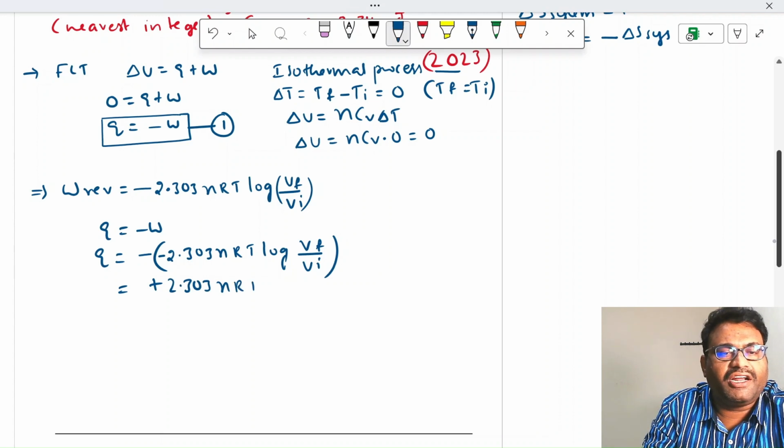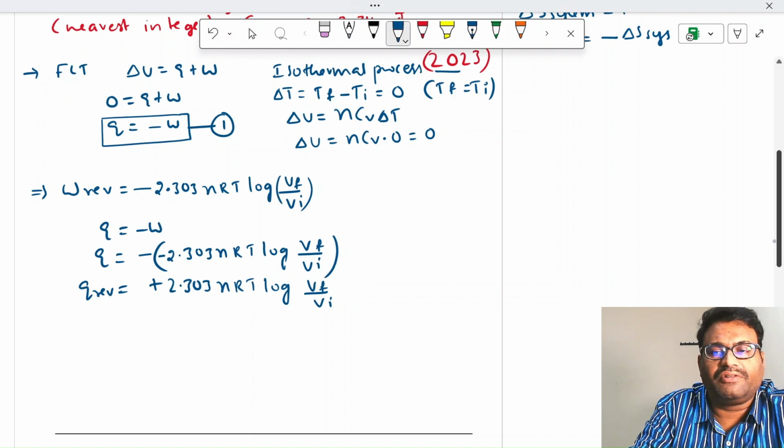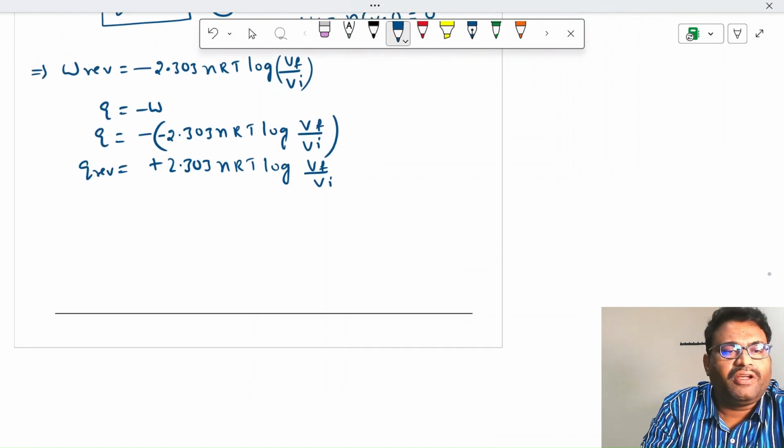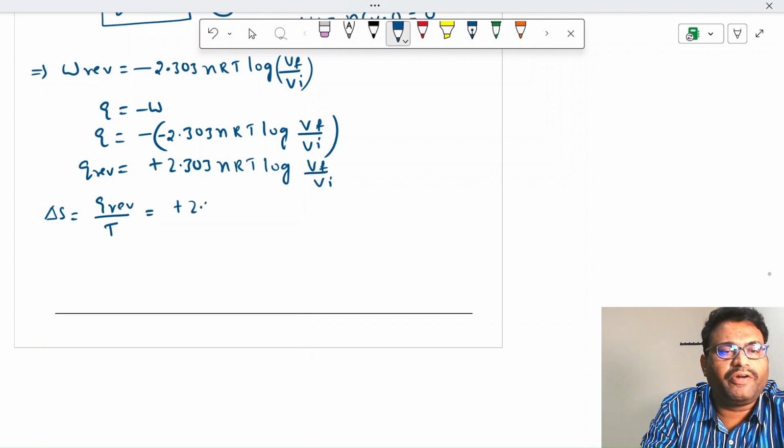And we know delta S is equal to Q reversible by T, which is 2.303 nRT log V final by V initial, divided by T.